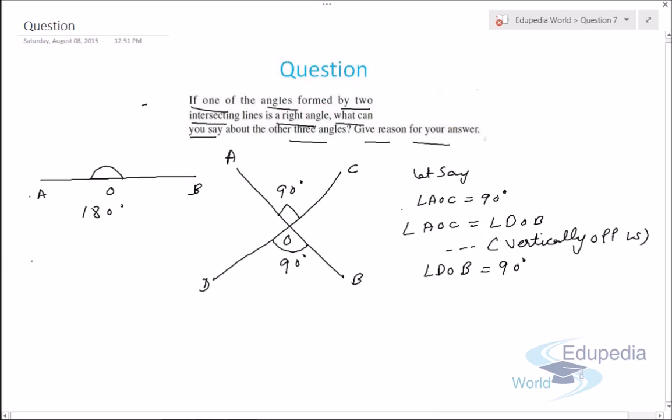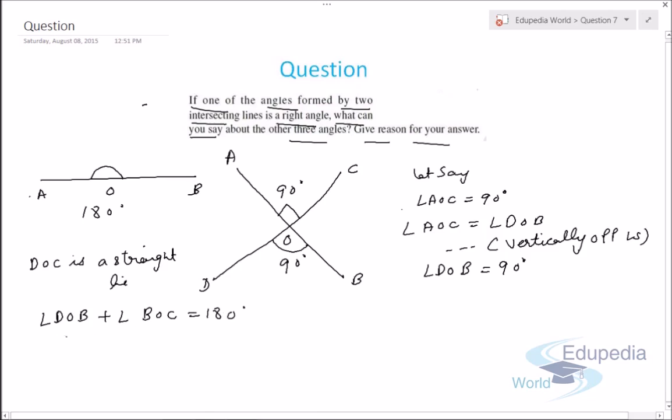Now as we know that DOC is a straight line, right? Then as we discussed, the angle on a straight line is 180 degrees, so this means angle DOB plus angle BOC will also be equal to 180 degrees.